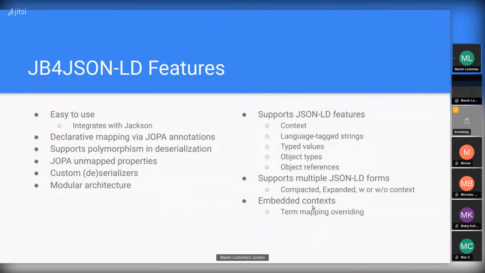But what you are usually mostly interested in is the input, so you can pass compacted or expanded JSON-LD to the service or to JB4JSON-LD, and it will work with it without any issues. And as of last week, it also supports embedded context, which allows you to override term mapping. I guess I can show you that in the demo as well.